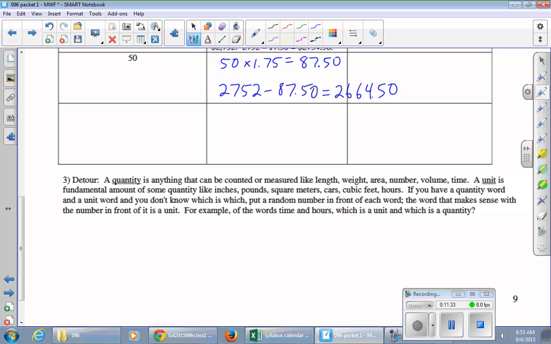So for example, if I wanted to measure your height, your length, what unit might I use? Inches. What's another unit we could use? Feet with inches. Any other units we could use for height? We could do centimeters. We could do miles.